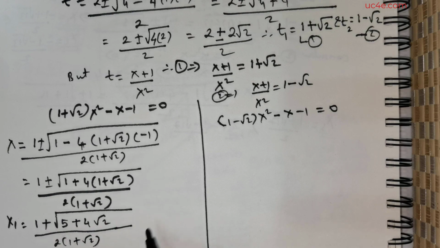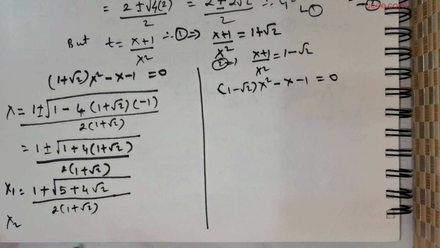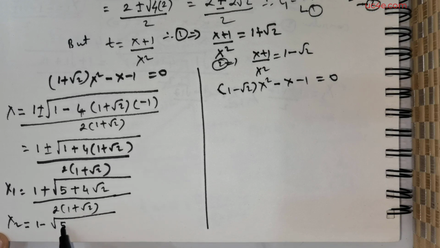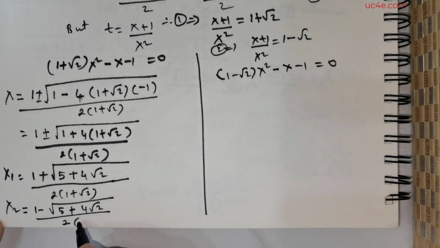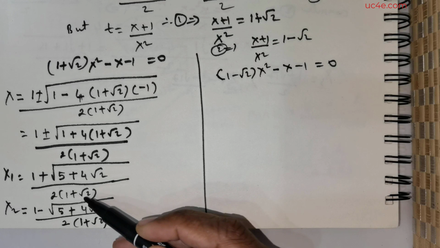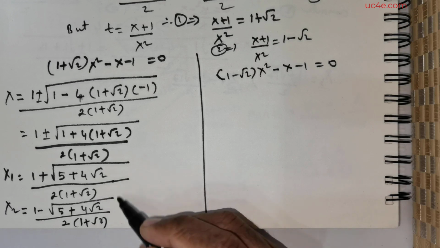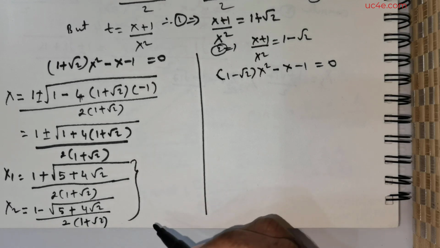This is with the positive sign, and simultaneously you can also extract for the negative sign: 1 - √(5 + 4√2) divided by 2(1 + √2). If you want to rationalize, you can very well rationalize and simplify this, but I will just leave it to you.